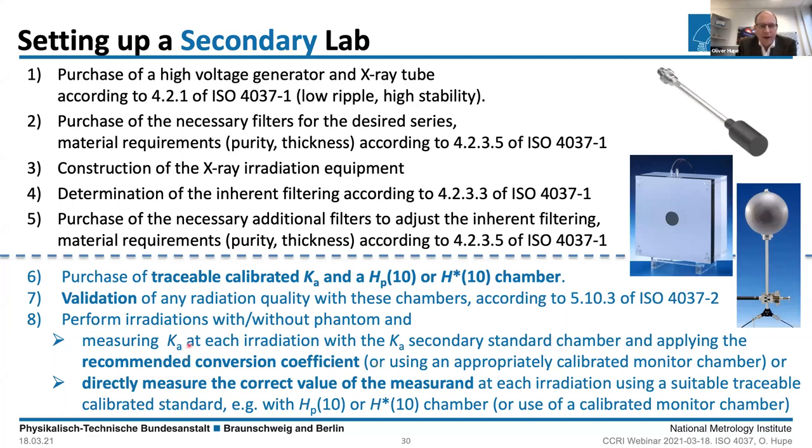So you can measure air kerma, apply the recommended conversion coefficient, and then you get the phantom related quantity. Or you directly measure the phantom related quantity by using a suitable secondary standard, or you can also calibrate your monitor chamber in this quantity.